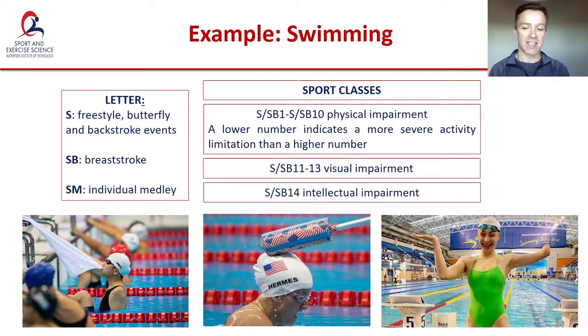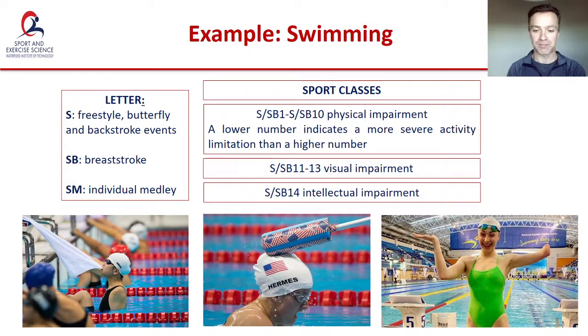Athletes who are designated S10 have the minimal physical impairment required to be eligible as a Paralympic swimmer. These might include the loss of a hand or some movement restriction in one hip joint. So they meet the minimum criteria in S10, versus S1, who are the most severely disabled. And then obviously we've got a range of disabilities from S2 to S9 that fit in the middle there.